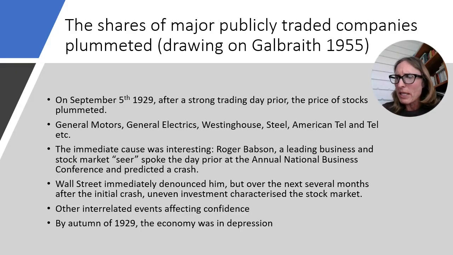There were opinion pieces reflecting on how people stay too long in a rising market and then lose the majority of their wins. And this affected the confidence of the investors who were speculating, right? So by the autumn of 1929, the economy was well into depression. There are many more elements of this fascinating history to be found in Galbraith's classic text.